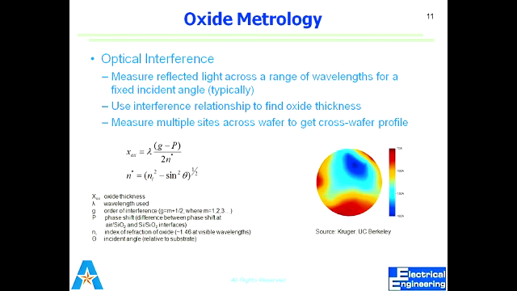The upper interface is air and silicon dioxide, and the lower interface is silicon dioxide and silicon. Both these interfaces reflect the light, and the reflected light will interfere with each other. So the interference will let you know the thickness. You got my point? The two interfaces.